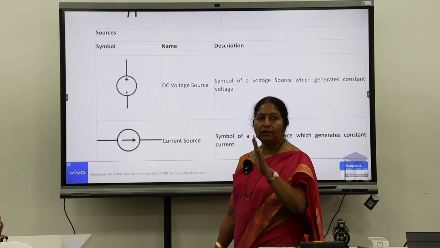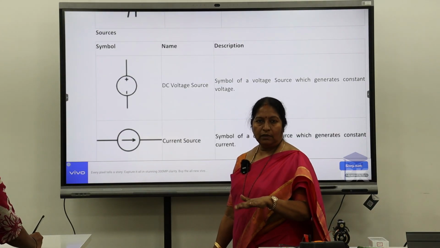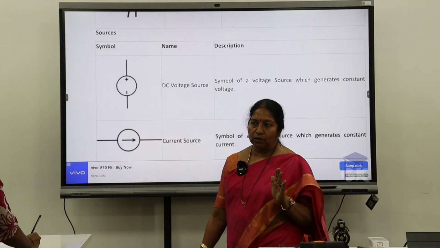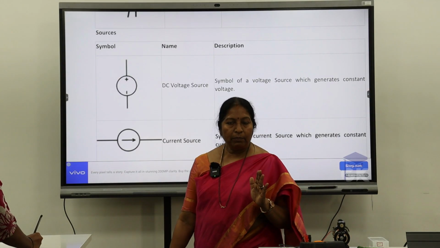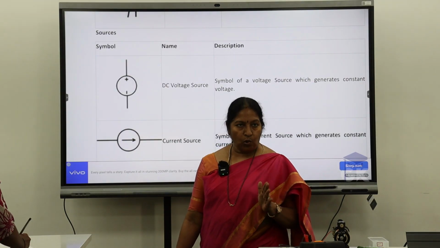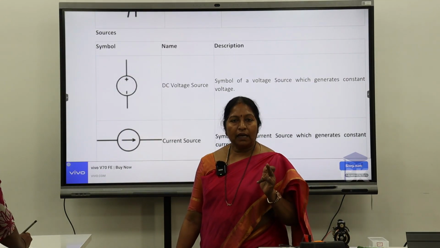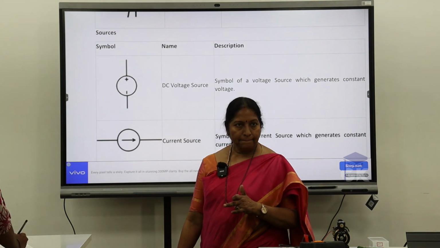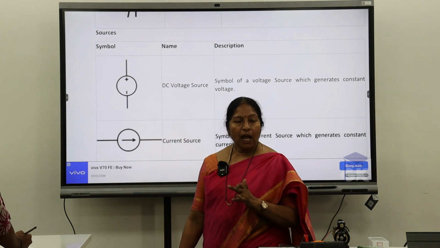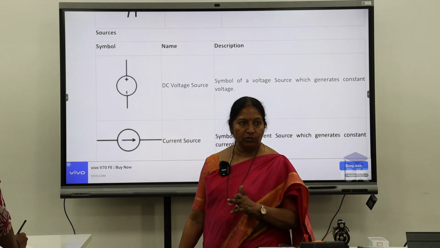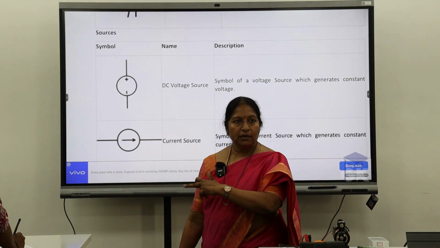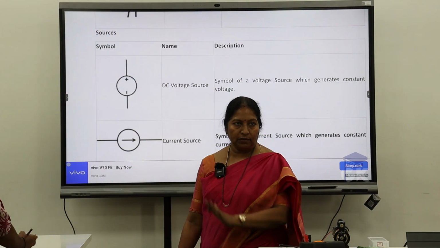That's why, whenever current is considered through a resistor based on this source, the terminal where the current enters the resistor is considered higher potential, positive, and where it leaves the resistor is considered negative, lower potential.